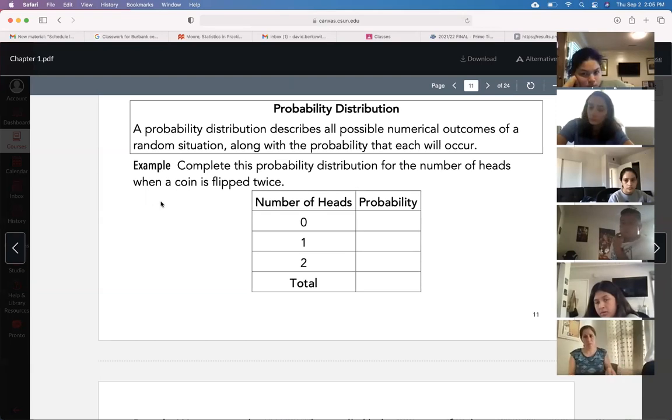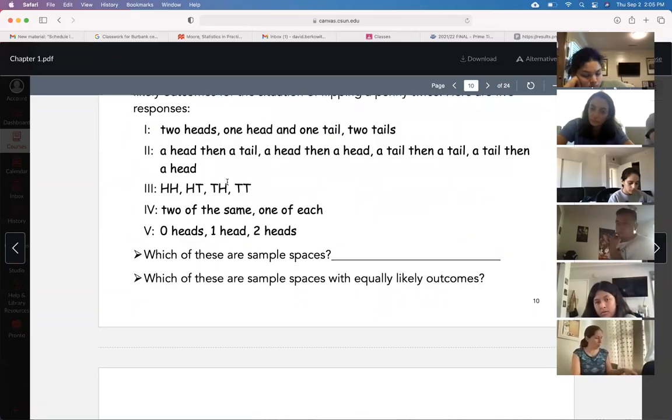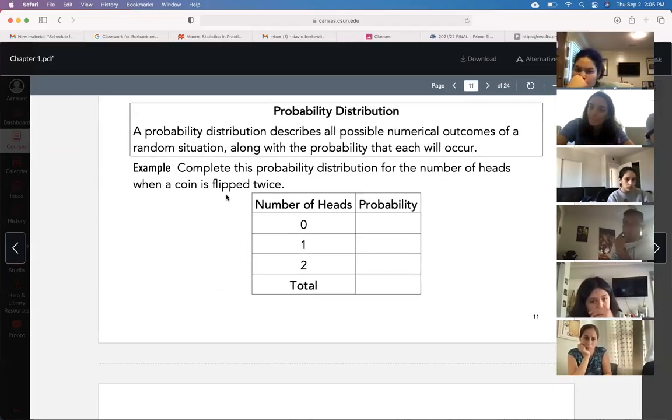According to the page before, page 10, there's HH, heads heads, heads tails, tails heads, tails tails. So there's a 25% chance of getting 2 heads, a 25% chance of getting 2 tails, and a 50% chance of getting 1 head. That's wonderful. Do I have to elaborate on that, or did that all make sense?